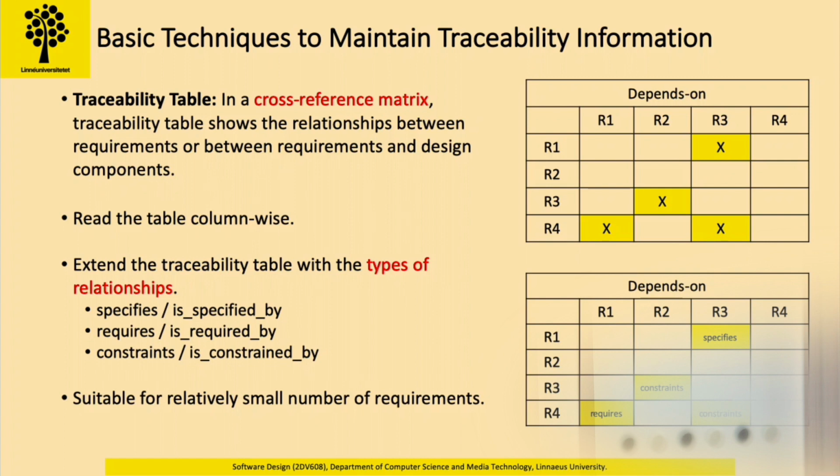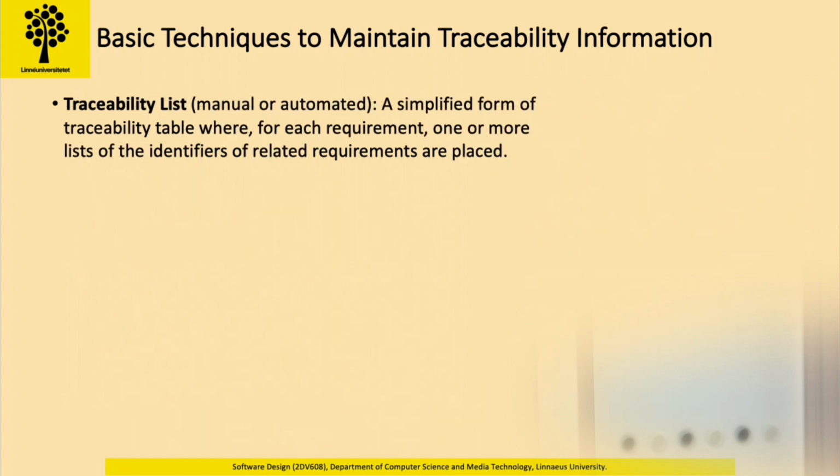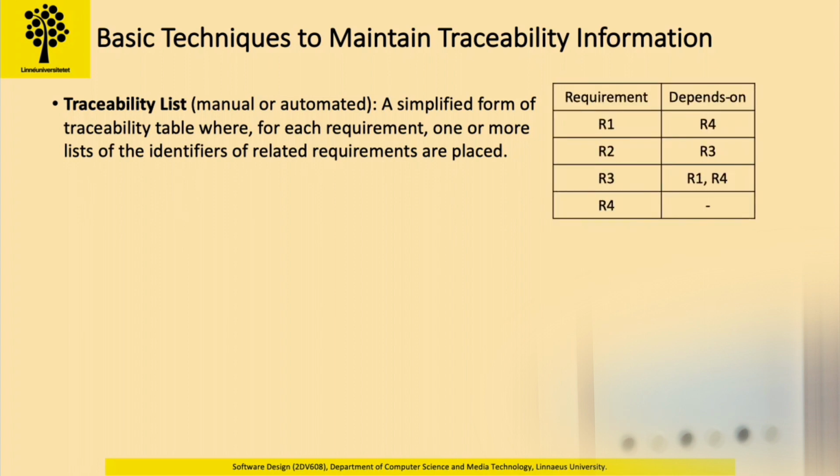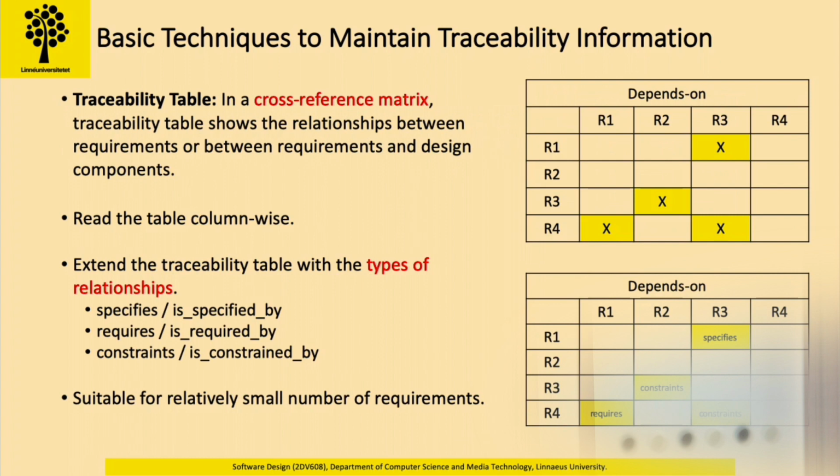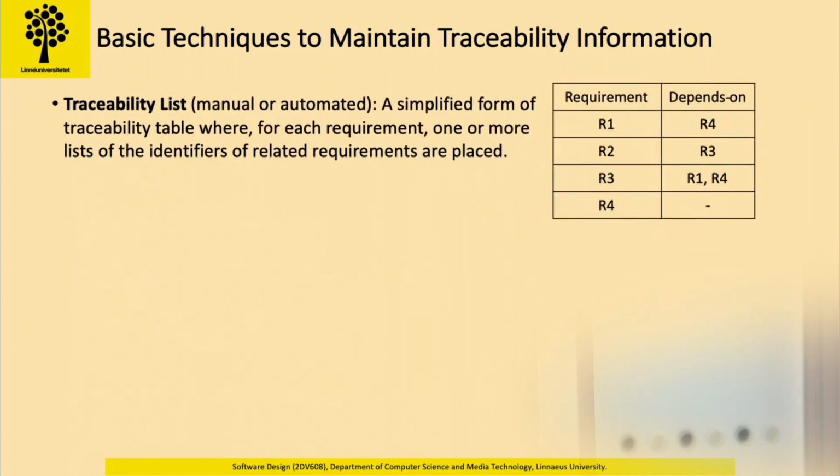So there is another, more feasible and flexible approach, and that is called the traceability list. This is simply a table that translates the same matrix into a list. So if you have 100 requirements, it will have only 100 rows. Or if you have 500 requirements, it will have only 500 rows, not 500 multiplied by 500.